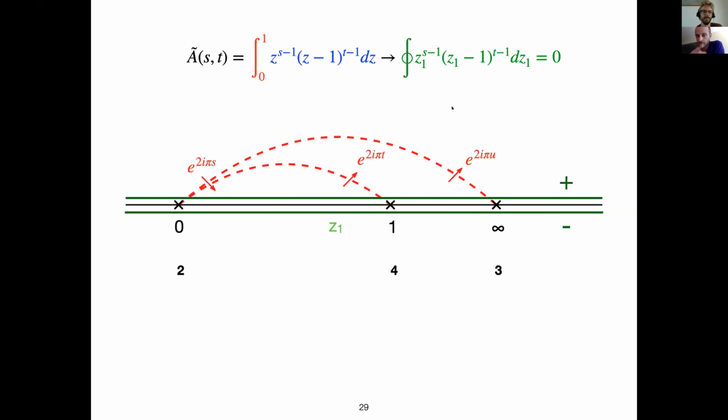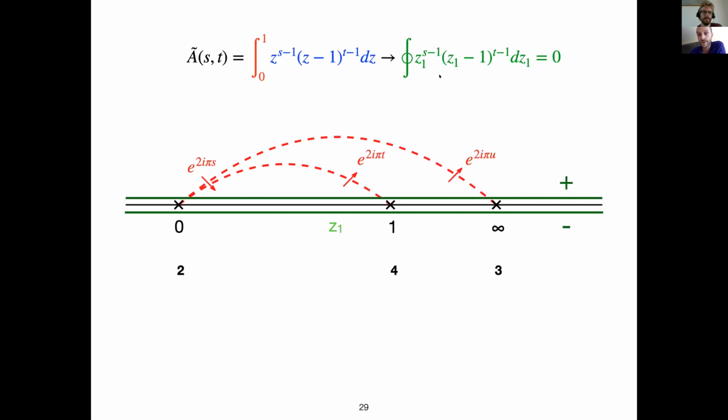It could be any other, but due to conformal symmetry on the disk, you have 4 points, 4 particles, 1, 2, 3, 4. You can fix the positions of 3 of these particles. Particle number 2 is fixed at 0, particle number 4 is fixed at 1, and particle number 3 is fixed at infinity. It's our particle Z that was originally being integrated between 0 and 1.